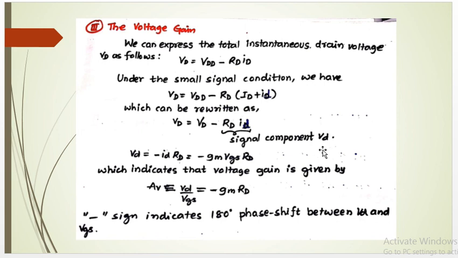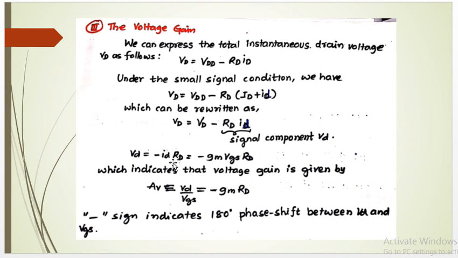So this signal component vd can be written as minus id times RD, or it can be written as minus GM vgs RD, which indicates that the voltage gain AV is vd divided by vgs, that is minus GM into RD.